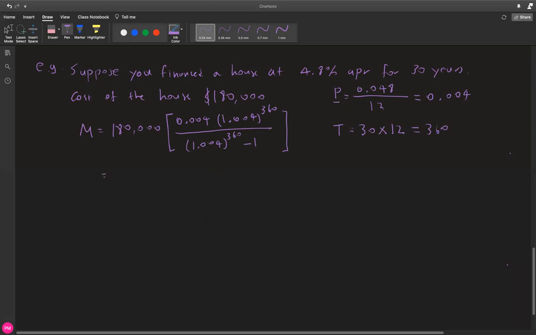By plugging this into the calculator, you should be able to find that this is $944.40. So this implies that if you buy a house that costs $180,000 and you take out a mortgage at the APR of 4.8% for 30 years, this is how much you have to pay each month.